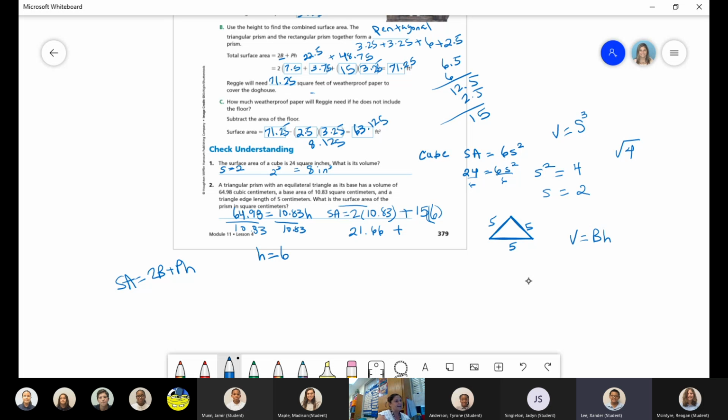But 15 times 6 is what? Oh, 90. And that equals 111.66 centimeters squared. Because it's surface area.